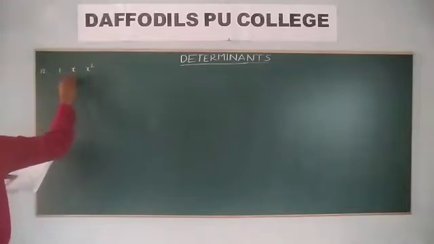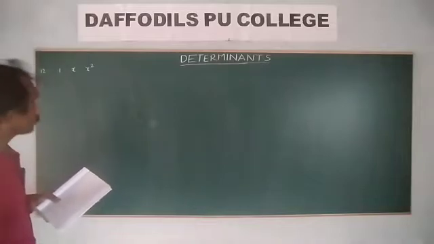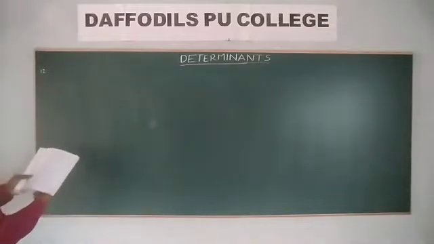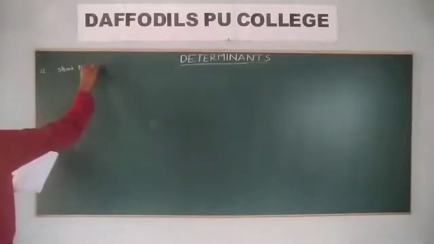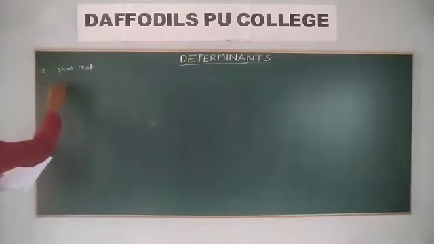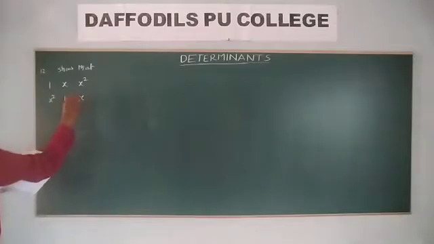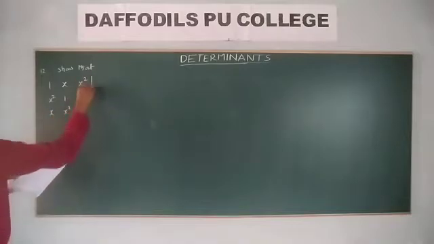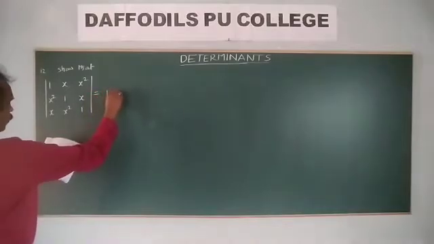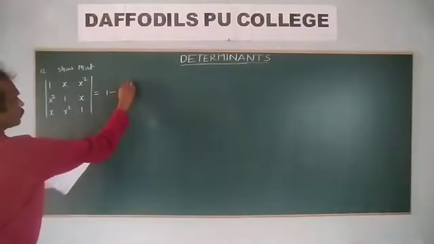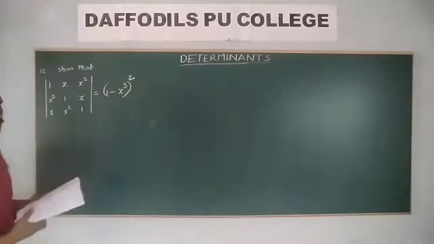Show that the determinant with rows (1, x, x square), (x square, 1, x), (x, x square, 1) is equal to (1 minus x cube) whole square.